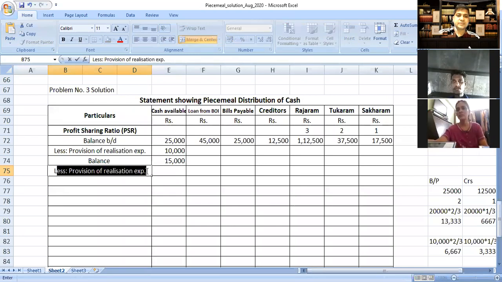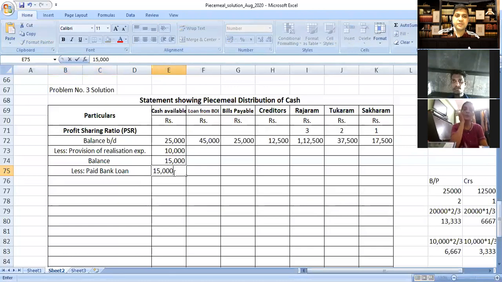So less: paid bank loan, 15,000. Whatever amount is available, we have to pay first. We have a loan of 45,000 and 15,000 is available, so we will pay that first.